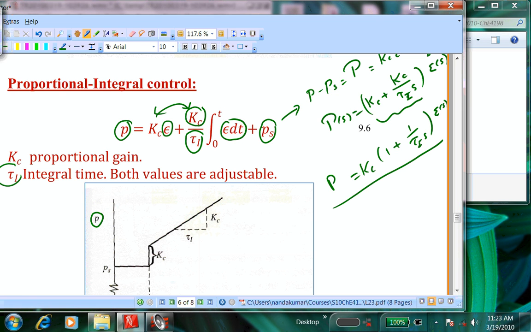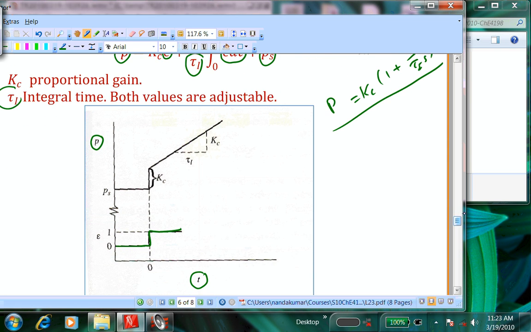What do you say for the transfer function for the controller, the PI controller, proportional integral controller, which takes an error signal and sends out a pressure signal to the valve? Okay, any other questions?